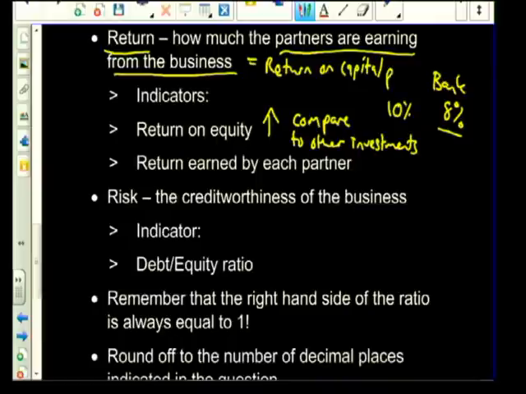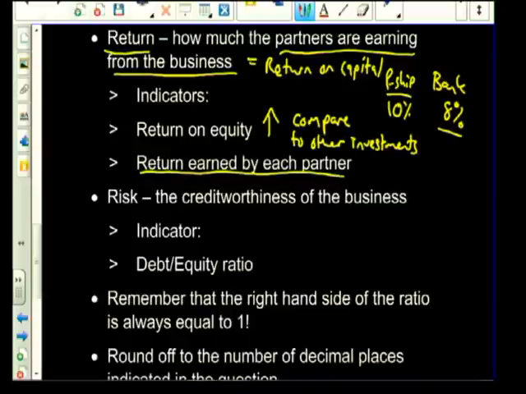And let's say that that comes to 10%. So I'm just going to put here partnership, 10%. That is greater than what I could do if I invested the money in the bank. So as a result, it is better for me to put the money in the partnership than in the bank. So you always want this ratio to be better than other investments if possible, because that is a sign that your partnership is earning a lot of money.